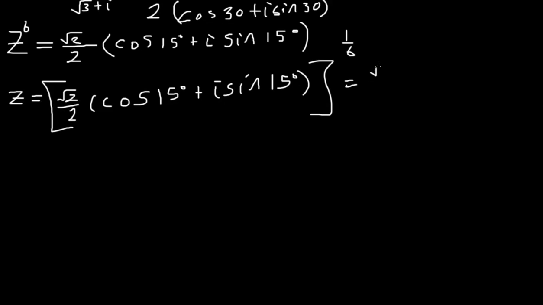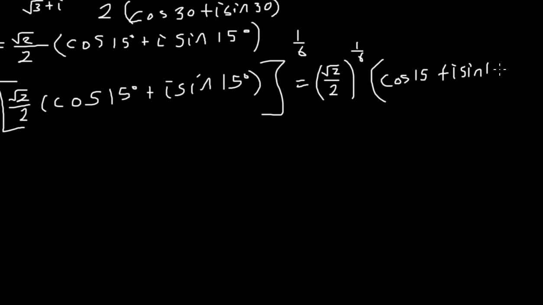The root of 2 over 2, then to the power 1 over 6, and then you open brackets, cos 15 degrees plus i sine 15 degrees, then everything to the power 1 over 6.